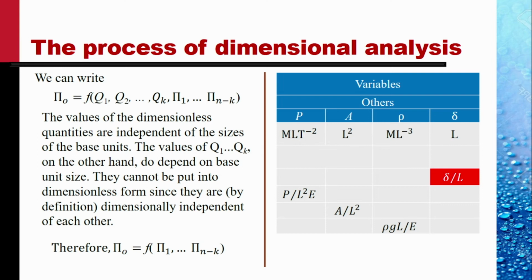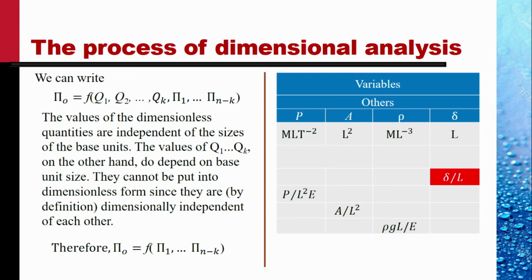The values of the dimensionless quantities are independent of the sizes of the base units. The values of q1 to qk, on the other hand, do depend on base unit size. They cannot be put into dimensionless form since they are by definition dimensionally independent of each other. Therefore, pi naught can be written as a function of pi 1 to pi n minus k.